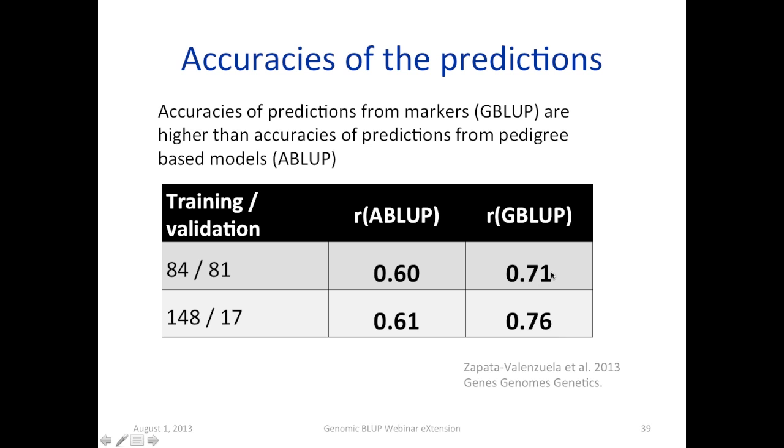As you can see, genomic BLUP was even better than the traditional genetic evaluation. The accuracy was 0.71 versus 0.6. And then in the second scenario, we got even better accuracies from genomic BLUP, because you are using more data, or the training population size is larger.